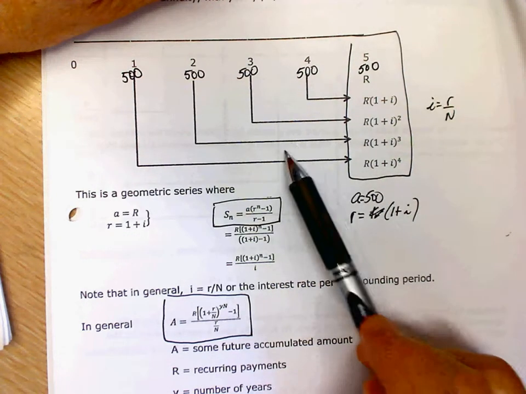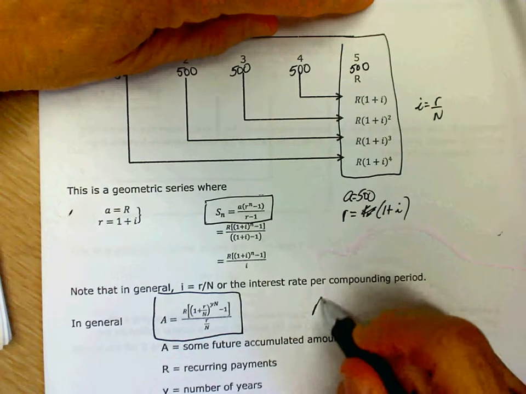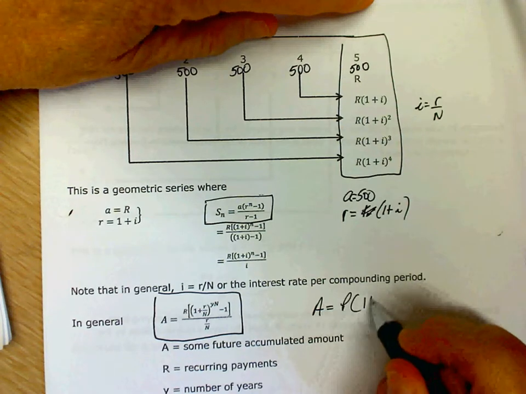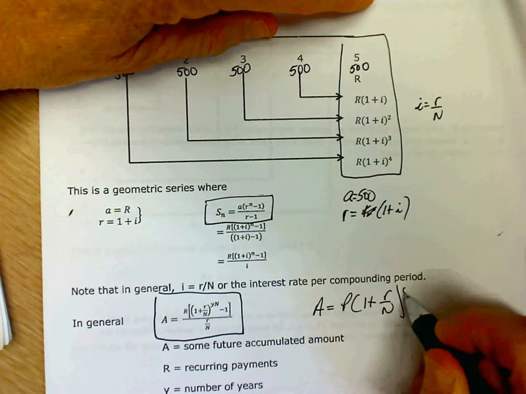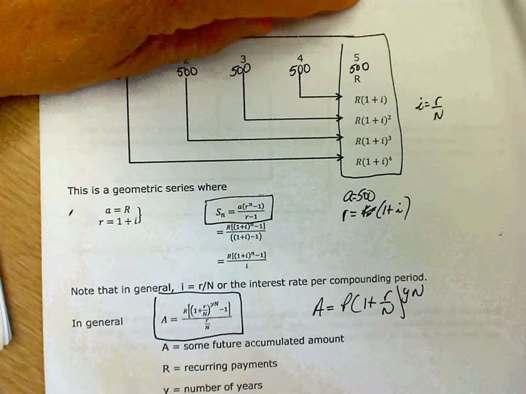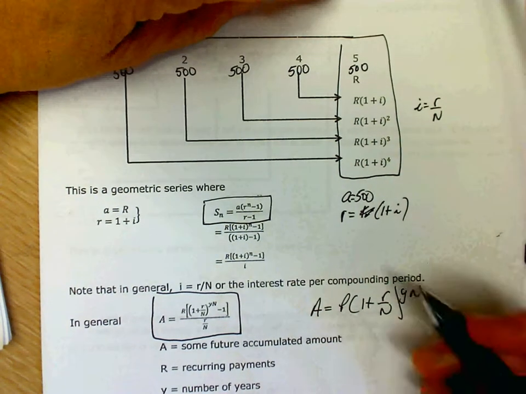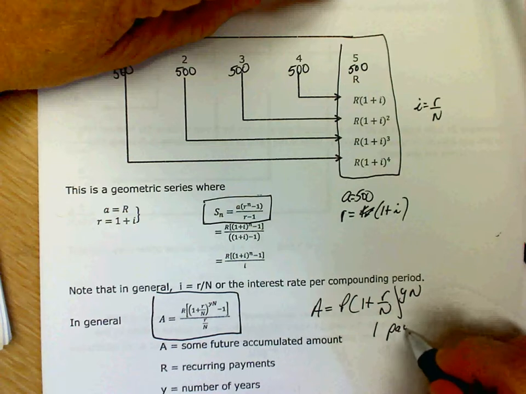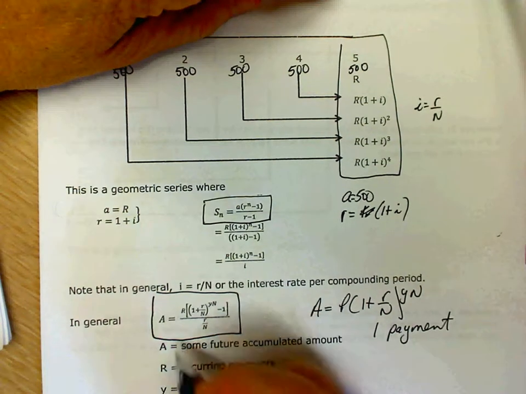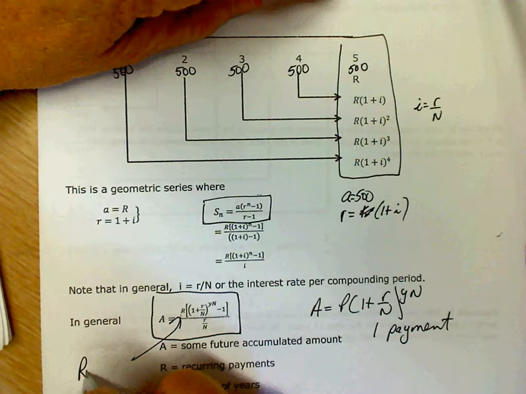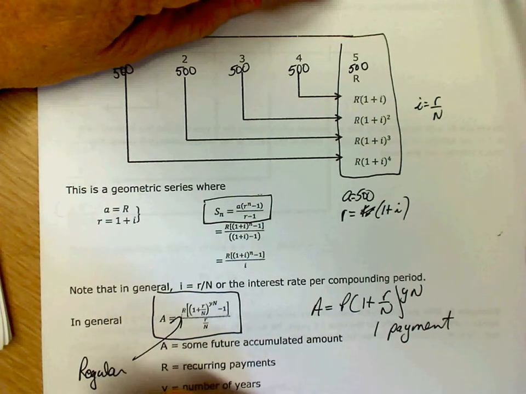What's the difference between this and this formula? Yes, so this is one payment, and this is regular payments.